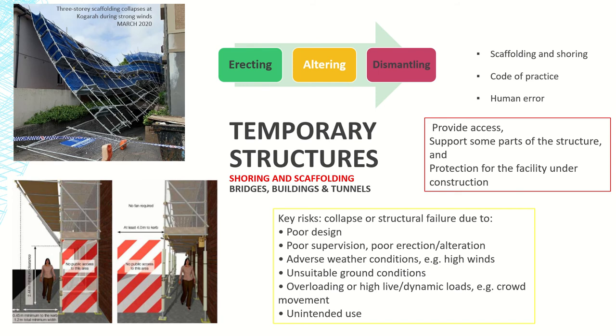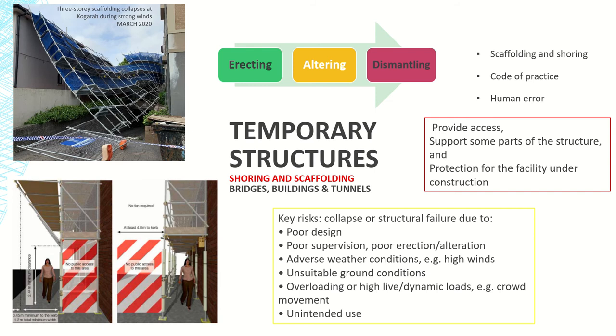The last item is unintended use of the temporary structure. If you design it for a specific purpose and install it for a specific purpose, for example walking at the top level of the temporary structure, you shouldn't use it for other purposes, for example handling heavy materials.